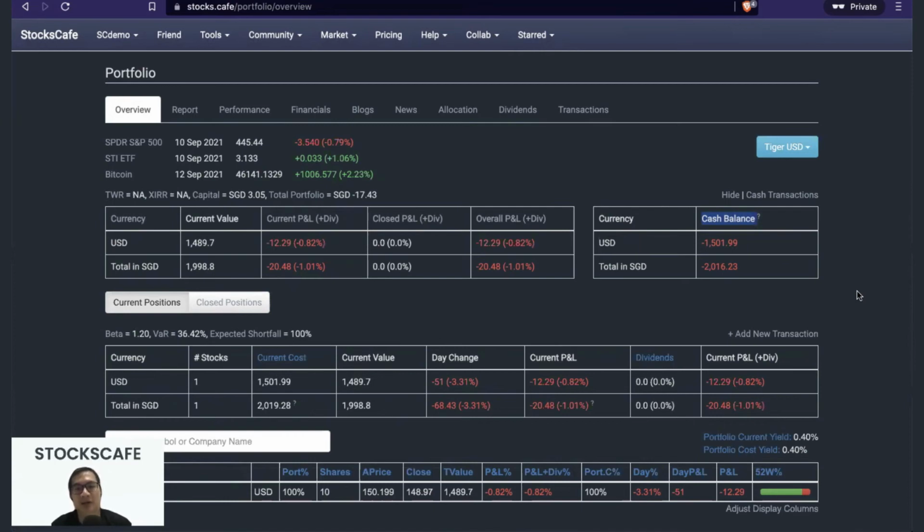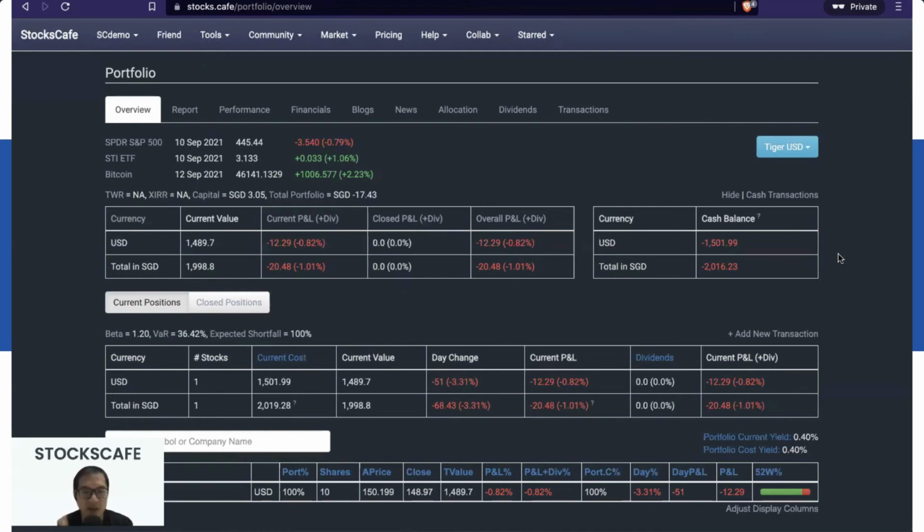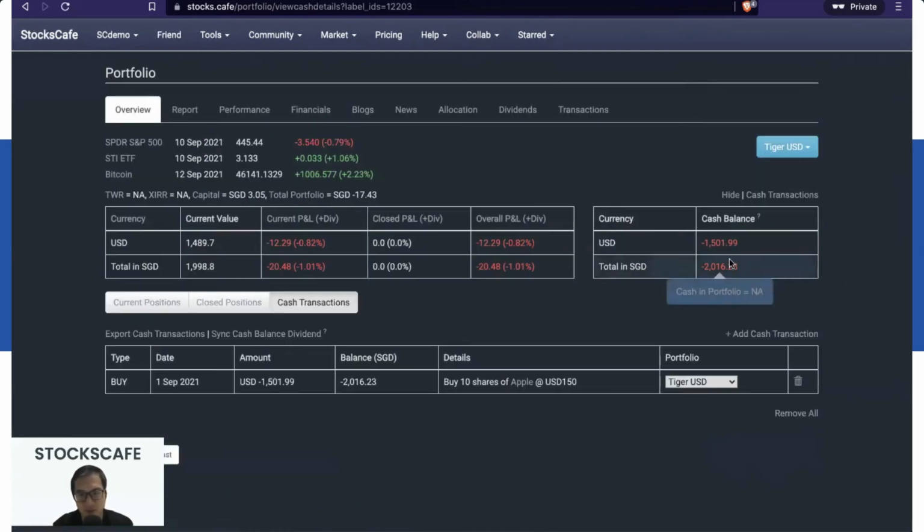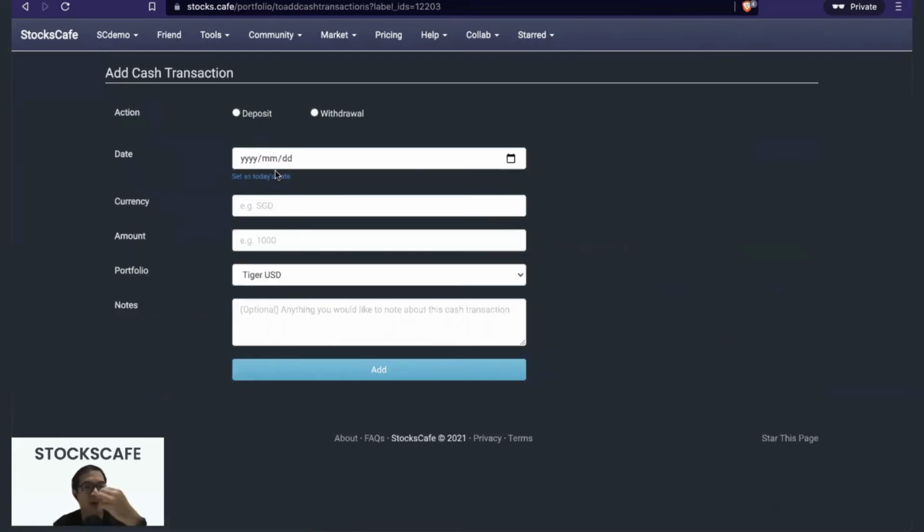For Stocks Cafe to know that, you have to tell it what kind of transactions you make in this cash account, and how much you have deposited in and withdrawn out. The main reason it is reflected as negative is that we did not say we deposited any money in it. But typically when we open an account, we should have deposited some money in it.